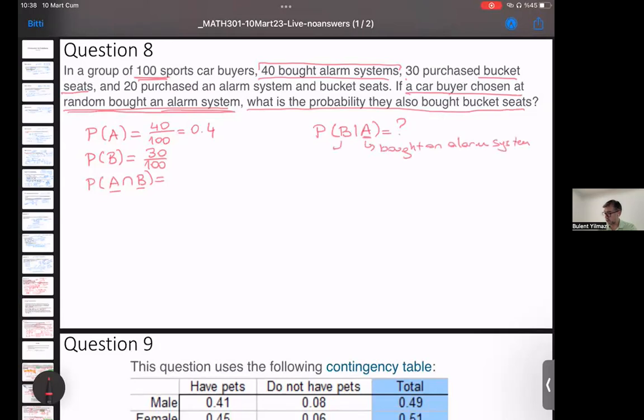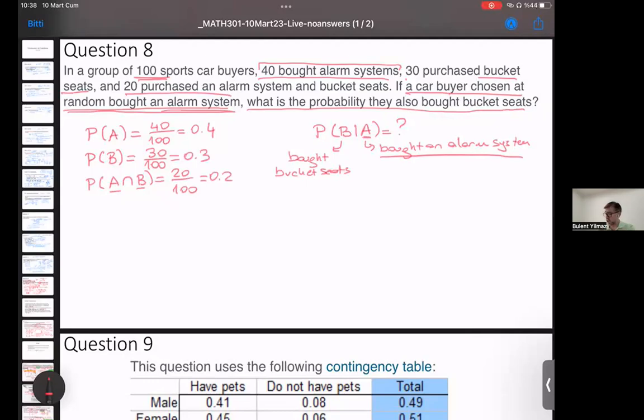And we want to know, of them, what's the percentage that also bought bucket seats, given that they also bought an alarm system. I can see that 20 out of 100 bought both alarm system and bucket seats, 0.2. This is 0.3. Now I want you to perform the formulation.